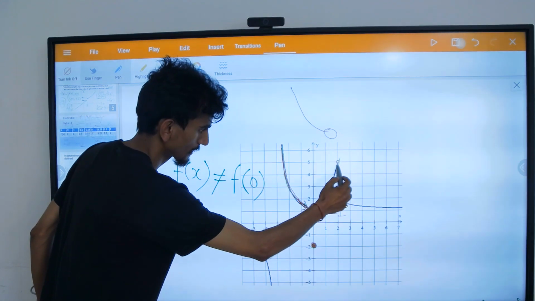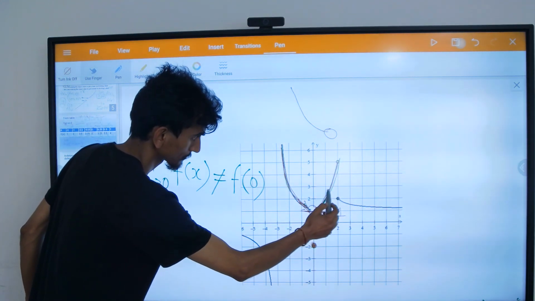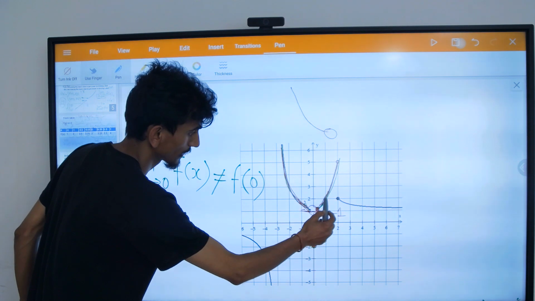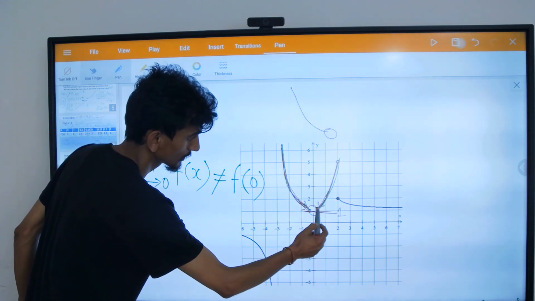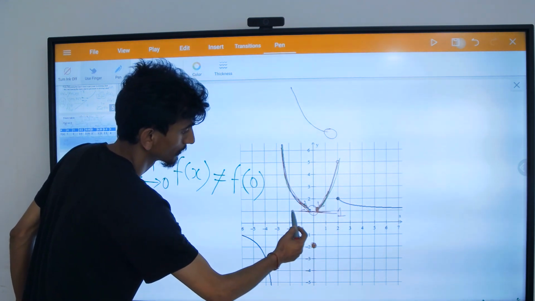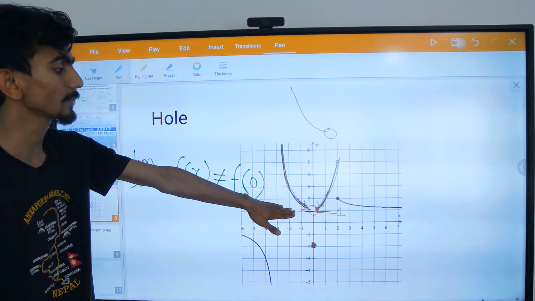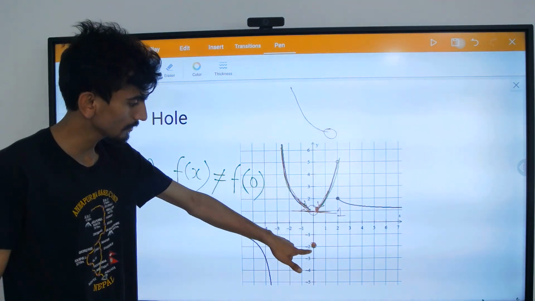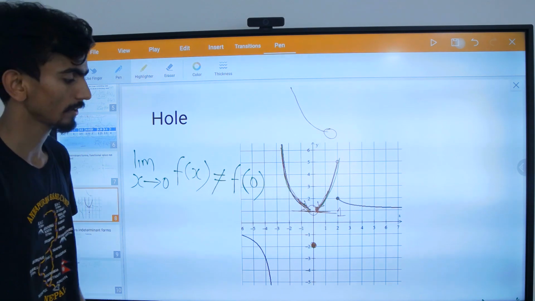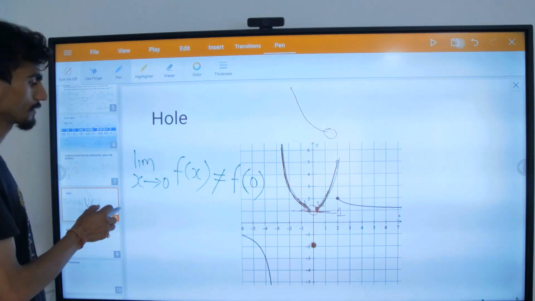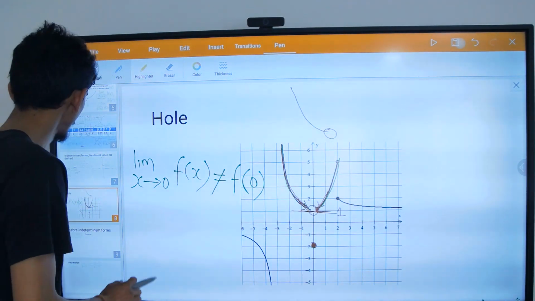Similarly, if you come from the right-hand side, when we decrease the value of x to get close to 0, the function is again approaching 1. So the limit of this function is 1, but the function value is not 1. Here the limit and the function value are different.